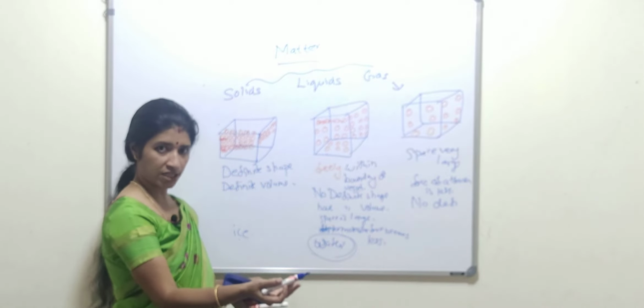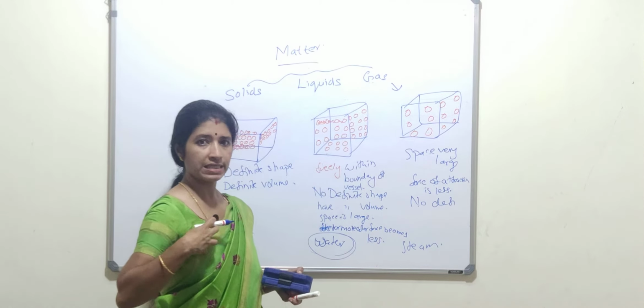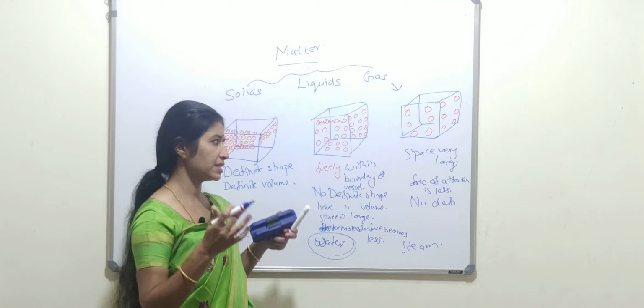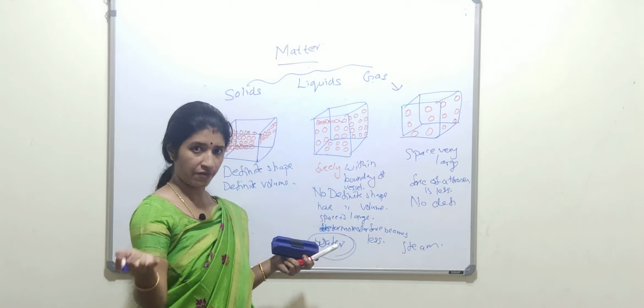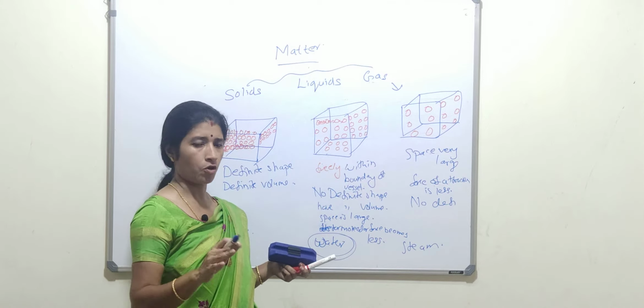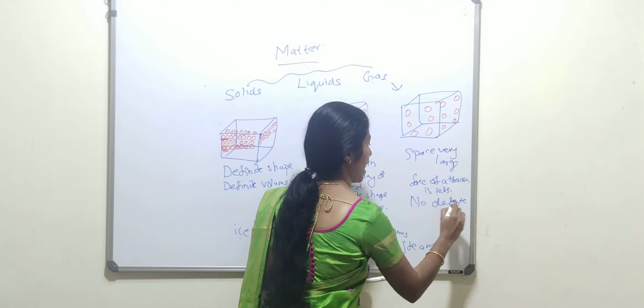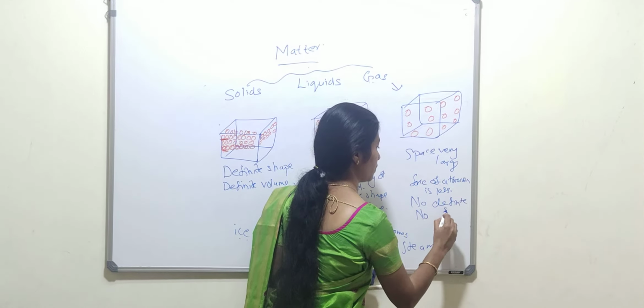Again, when water is changed to steam, the gaseous form, does steam have any definite shape and definite volume? No. Steam can flow anywhere in the space available to it. So steam, or a gaseous form of substance, does not have any definite shape and no definite volume. Neither definite shape nor definite volume.